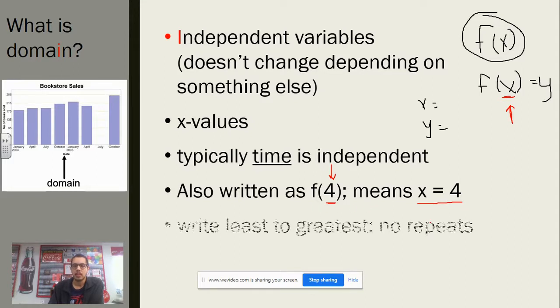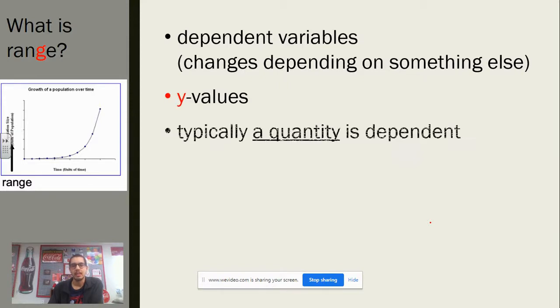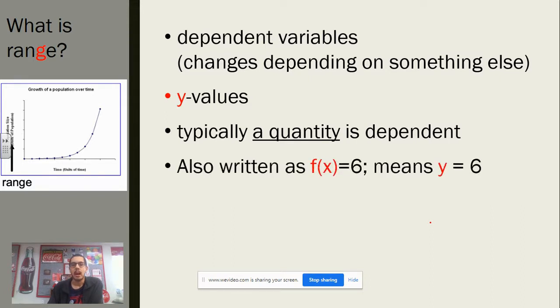but it means the same thing. When we talk about our range, it is all of the dependent variables, all of our y values in this case. Time or quantity is typically a dependent variable. So where time is the independent, the quantity is going to be the dependent variable here. It's also going to be written as f of x equals 6 or y equals 6.